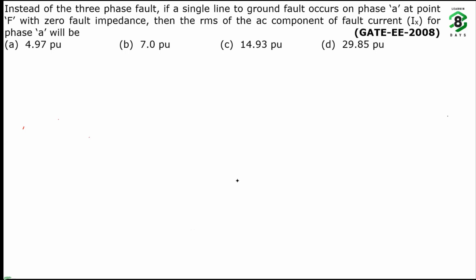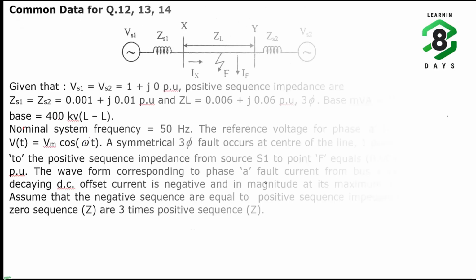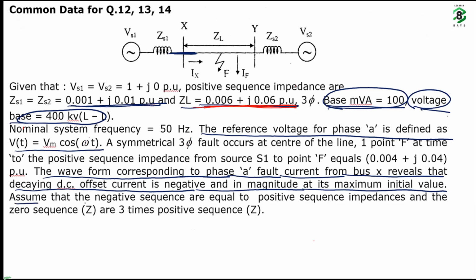Okay, here he has given for this point. If you again go back to the question, if you can see the last two lines of this question, assume the negative sequence and positive sequence impedances are the same and zero sequence impedance is 3 times positive sequence impedance.